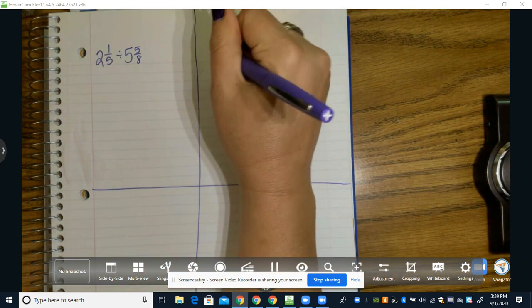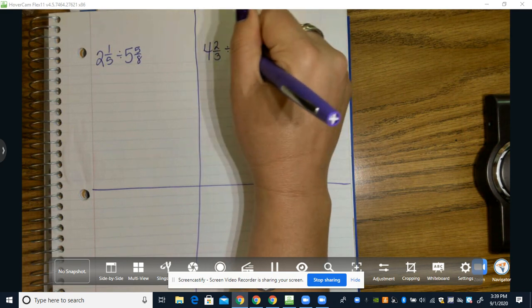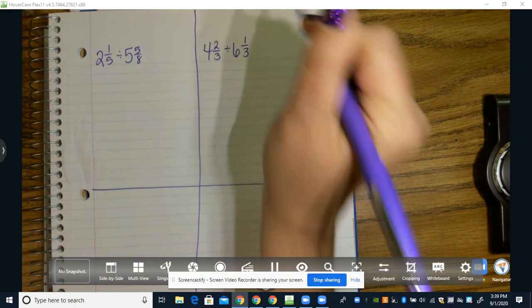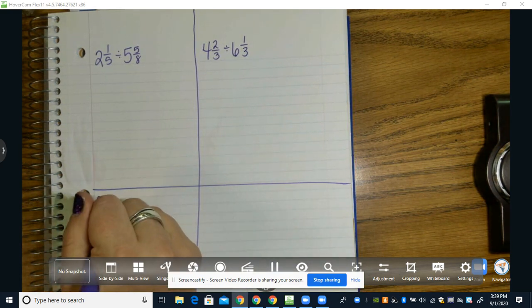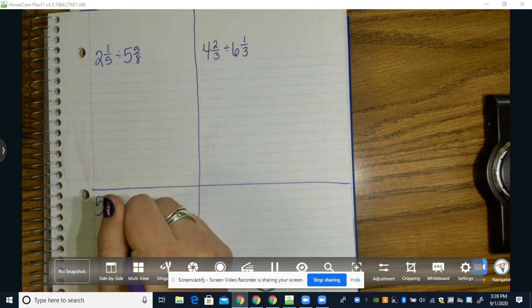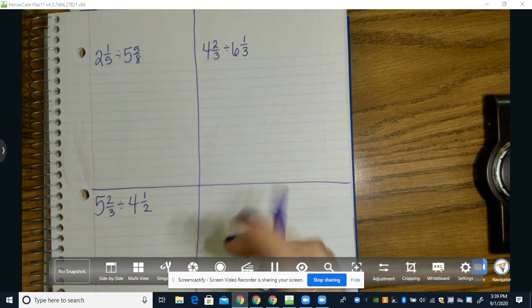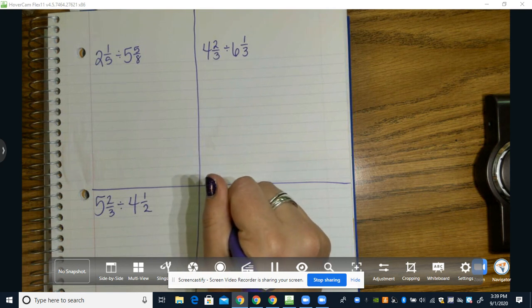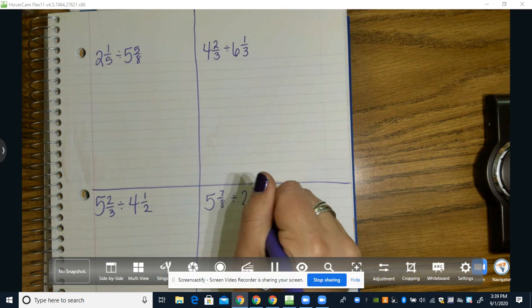My next one is 4 2/3 divided by 6 1/3. My bottom one down here, 5 2/3 divided by 4 1/2. And the last one is 5 7/8 divided by 2 3/4.